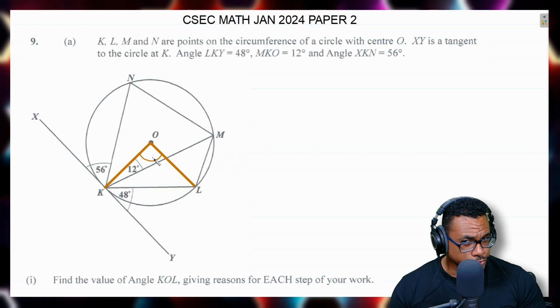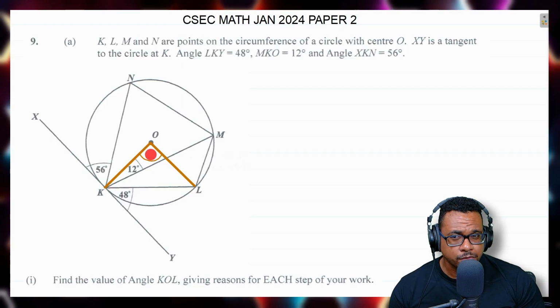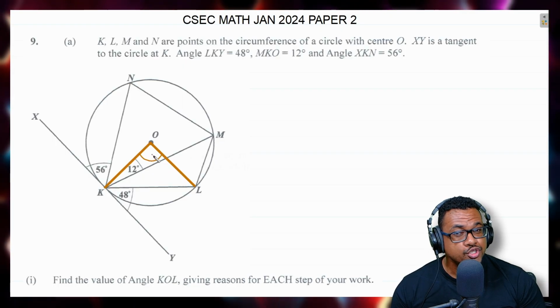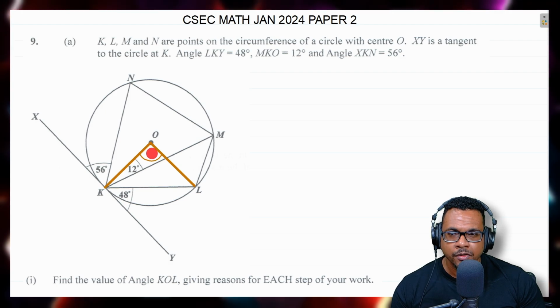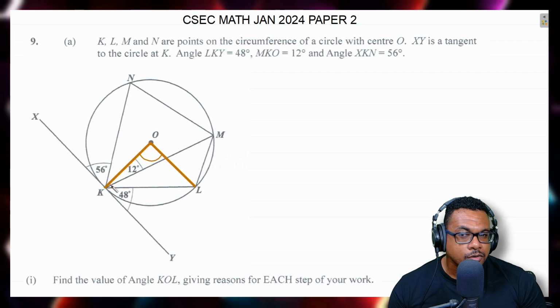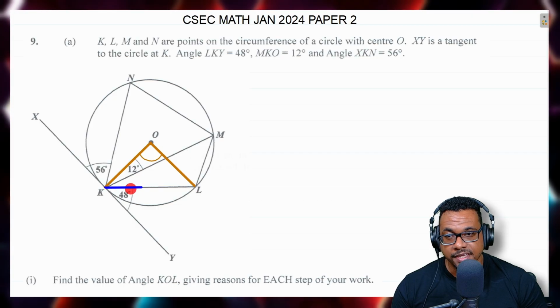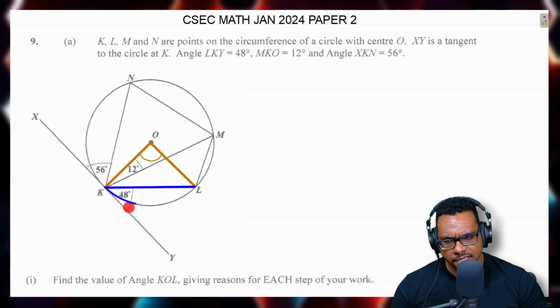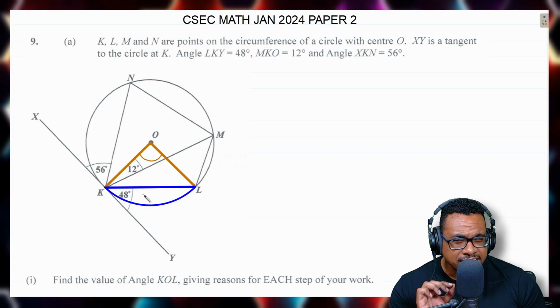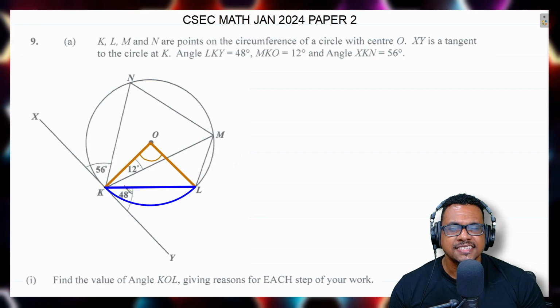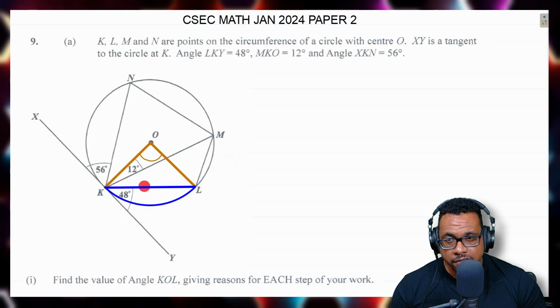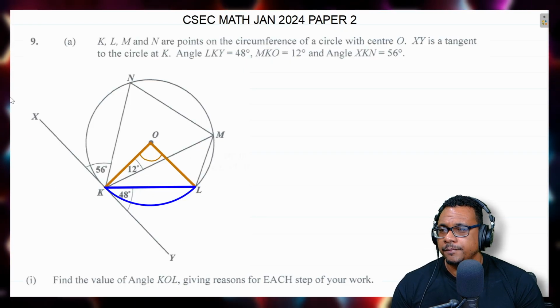And if you remember the rule for the angle at the center of the circle, we know the angle at the center of the circle is twice the angle at the circumference. Now if we look at the chord or the arc that this angle is standing on, the chord would be KL and the arc also is K to L. And therefore if you look at the angle at the circumference that stands on the same chord, that will be this angle here.